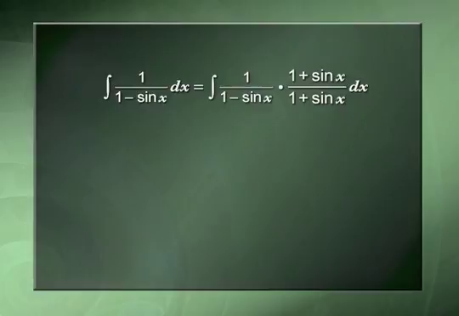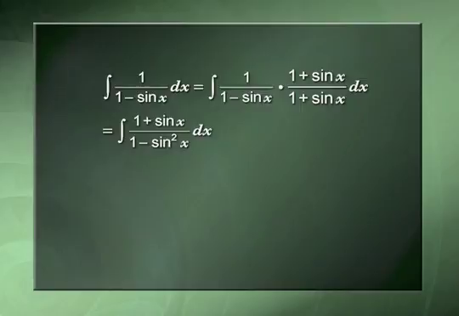I like to think of that as multiplying by the conjugate. And you'll see what happens in a moment. So the numerator becomes 1 plus sine x, and the denominator is 1 minus sine squared, because 1 minus sine x times 1 plus sine x is the difference of two squares.